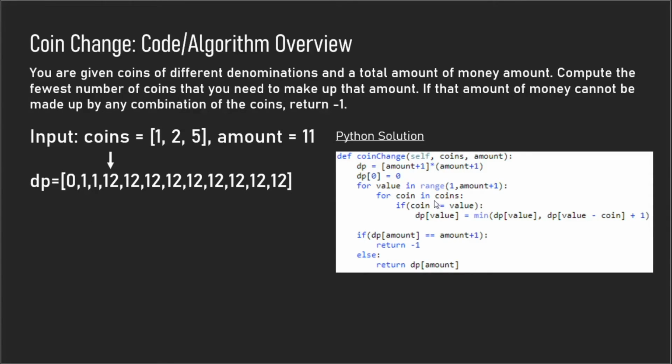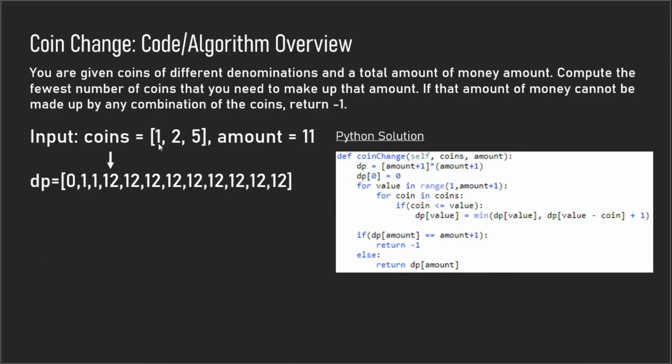We're eventually going to get to the point where the value is equal to 3 and the coin is equal to 2, right? So value minus coin is equal to 1. So we look up our previous solution. Our previous solution is this number 1 here. This 1 represents the minimum number of coins it takes to get to the amount 1.